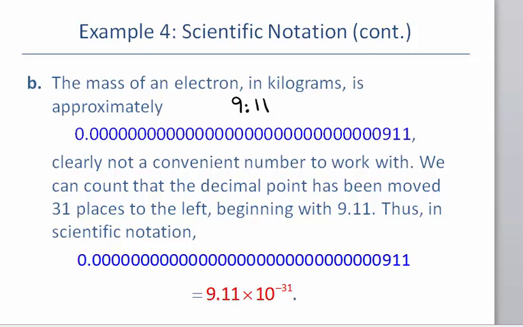Now, how do we get from 9.11 to this decimal? We're going to have to move the decimal place back to the left. So I know that my exponent on the 10 is going to be a negative number. Now I need to figure out how many places I need to move it. Let's count.